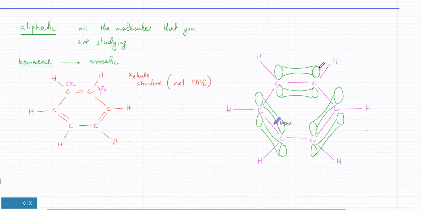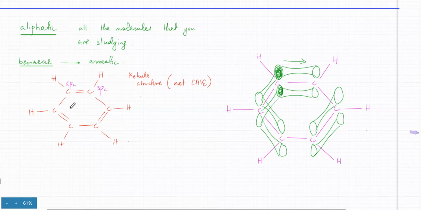Now the issue is that when you have 6 p orbitals, focus on this carbon atom over here and this p orbital. If it's capable of overlapping with the carbon atom on the right and forming a pi bond on the right, it could also do exactly the same thing with the one on the left, right? So what actually happens is that when you have 6 orbitals, the double bonds kind of mix up.